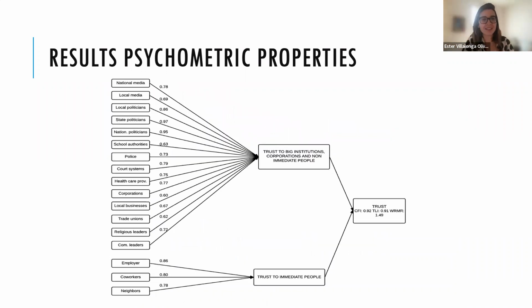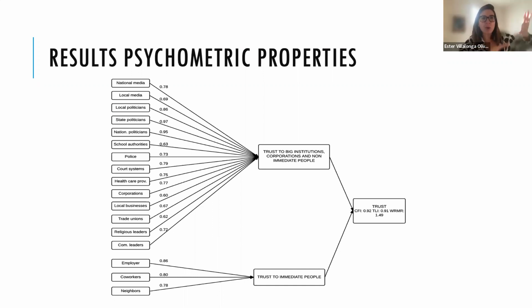But I discovered that all the items I had evaluating trust had two different factors. The CFA told me, no, you don't have one dimension here, you have two related to trust. I have some items that are asking questions more related to trusting immediate people, and others that are more related to trusting big institutions, corporations, and non-immediate people.